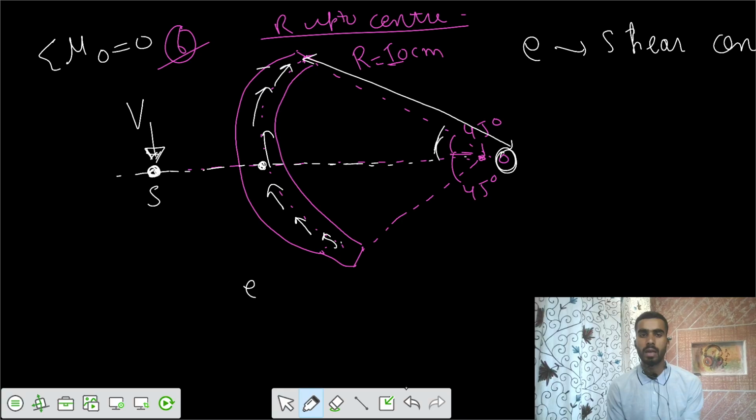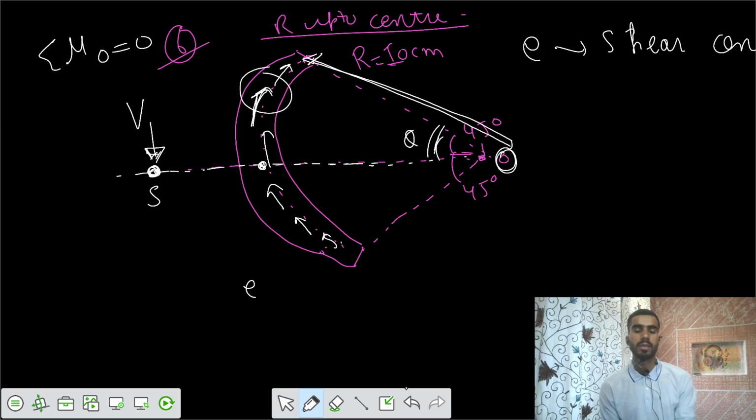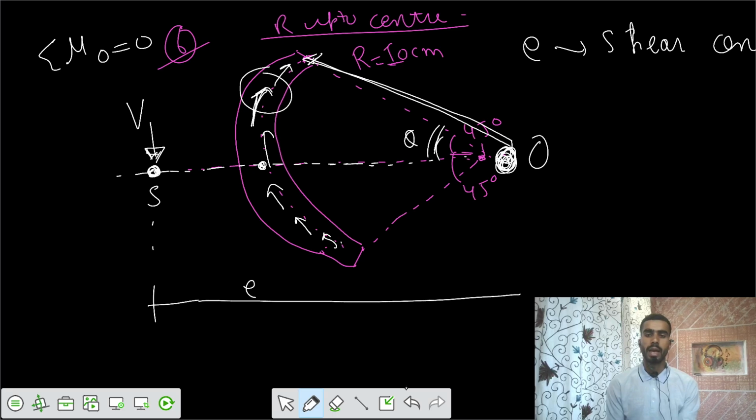We know that would be acting at some distance of R, and we would know its component also at some theta. So we can get the equilibrium of forces, summation of moments about point O. That means we have to take the eccentricity from this S to O as value of e. So let's say this is the eccentricity of that shear center from the center O.